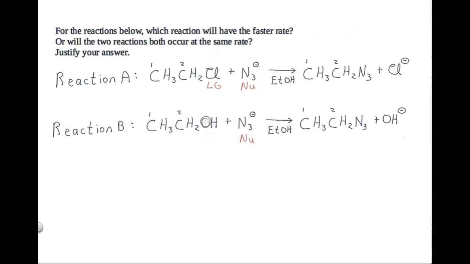The OH is the closest that we have to a leaving group, though, and we can see that the OH is playing the role of leaving group by comparing the starting materials to the product. You can see that the OH is leaving carbon 2. So even though we wouldn't normally consider OH a good leaving group, we're going to consider OH as a leaving group for reaction B. That makes carbon 2 into our alpha carbon.